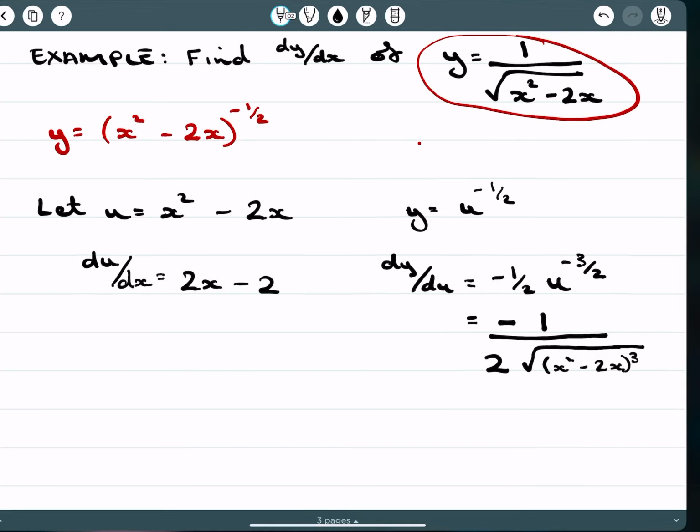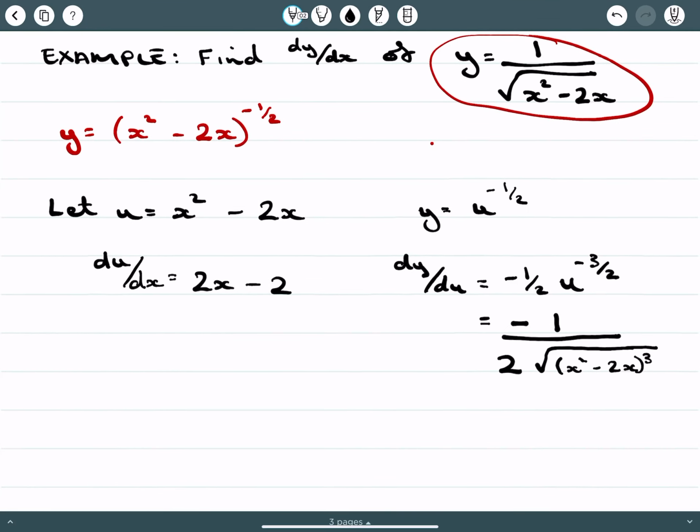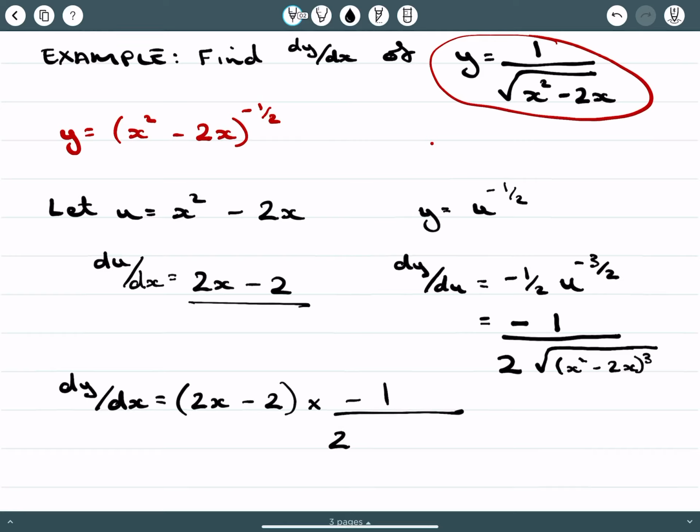And then I would look to state what dy/dx is going to equal. Well, obviously it's going to be du/dx, (2x minus 2), times negative 1 on 2 square root of (x squared minus 2x) all cubed.